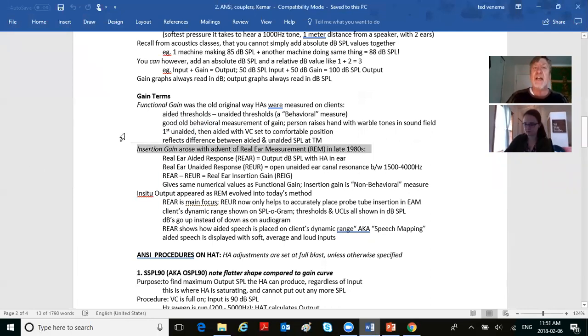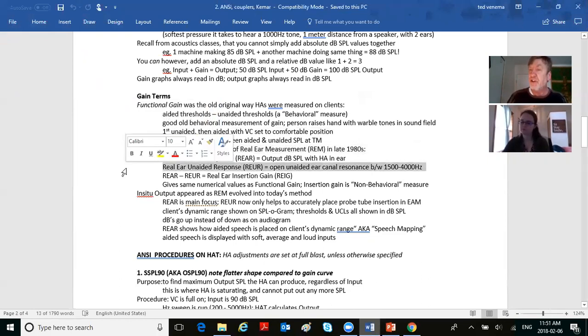In the early days, they used functional gain to verify or prove whether you were hitting target. Later on, they used real ear, which used insertion gain. So the numbers didn't change, the targets didn't change. What changed was the method in which you verified the targets. One was behavioral, functional gain, and the other one was non-behavioral, insertion gain.